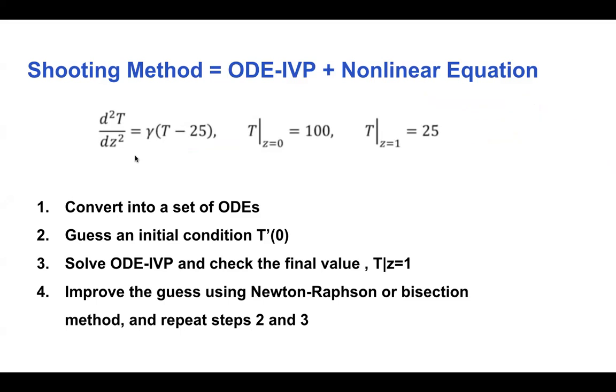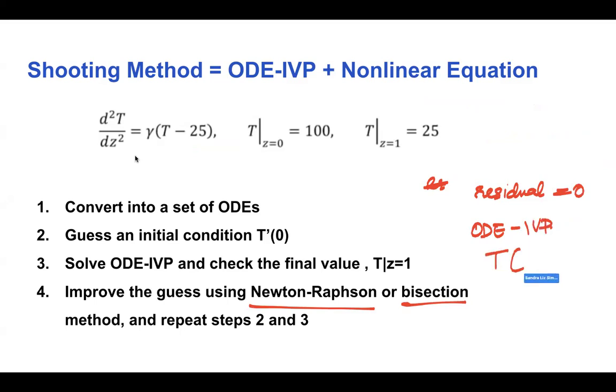Instead of the bisection rule, you could also use Newton-Raphson to get the new point, guess 3. And you keep repeating the step until your residual is equal to 0. That is, after solving the ODE IVP, the temperature at z equal to 1 should be equal to 25. This is the condition that you check. Any questions?